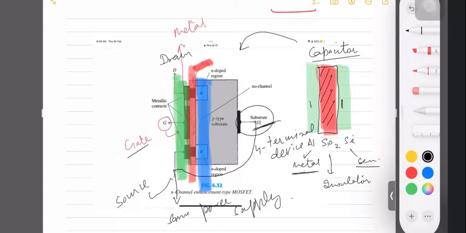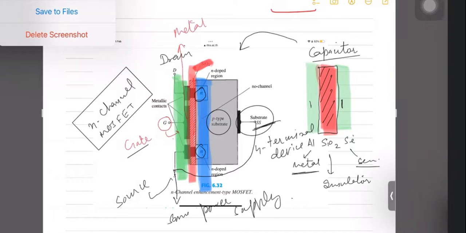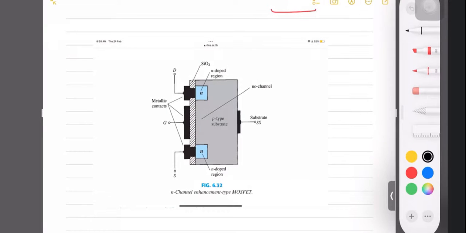So I hope you understand. So ये दो N है, separated by P-type substrate. This is N-channel MOSFET actually. Right? Now we'll see its working. अब देखते हैं.